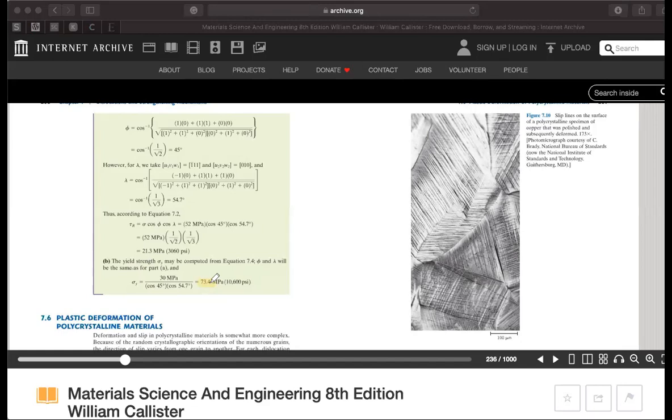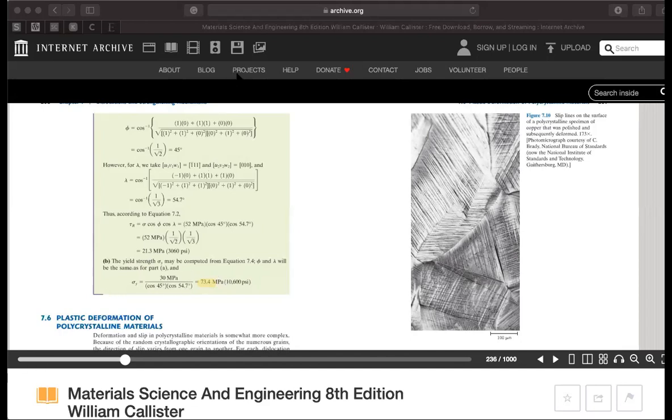This is the needed stress to result in the critical resolved shear stress of a certain plane. That plane will be activated, and if it's activated, the dislocation will slip on that plane, and that slipping of dislocation will result in plastic deformation. Okay, good.